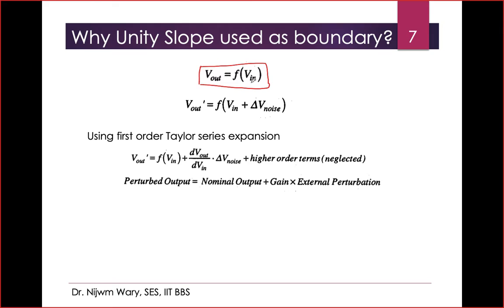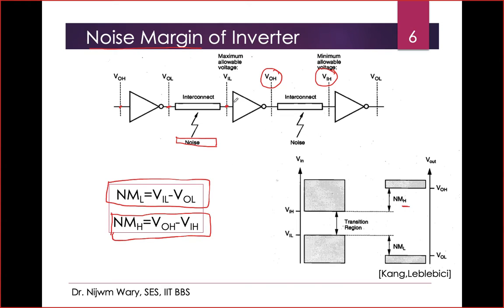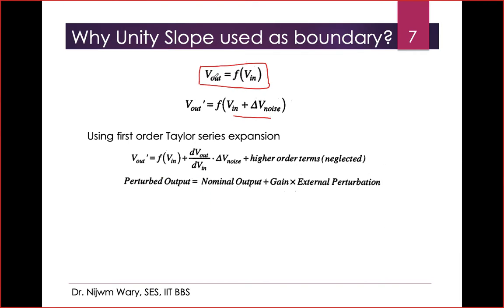Now if noise is added, there will be noise added to V in, as we have seen here. That will disturb the function of this inverter. So V out is a function of V in, but now V out is a function of V in plus this delta noise, which is coming from the other circuits.